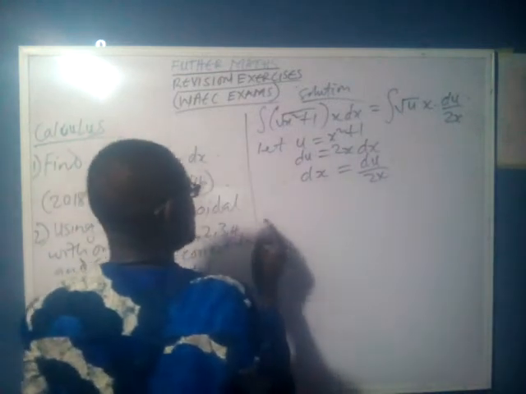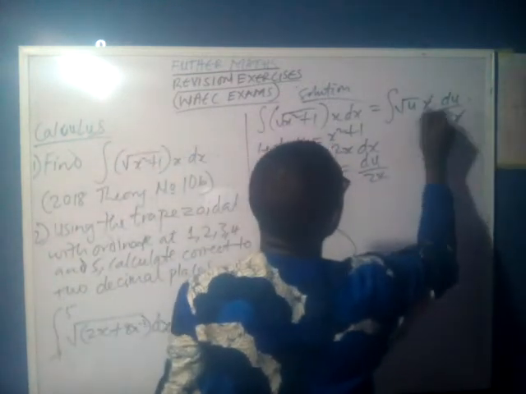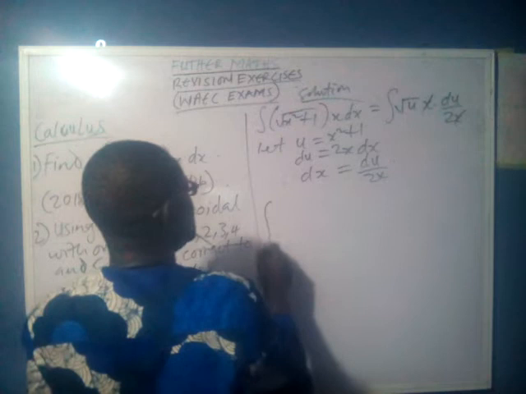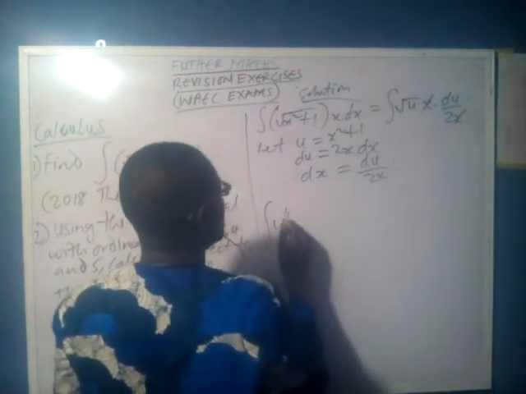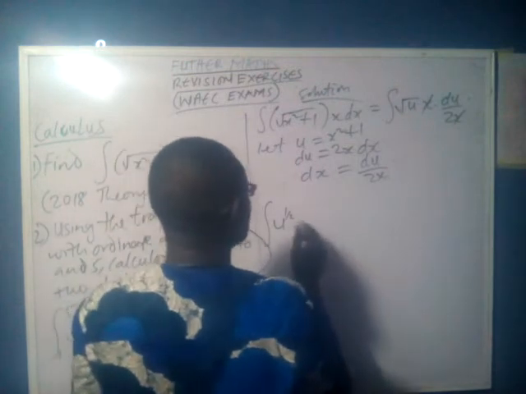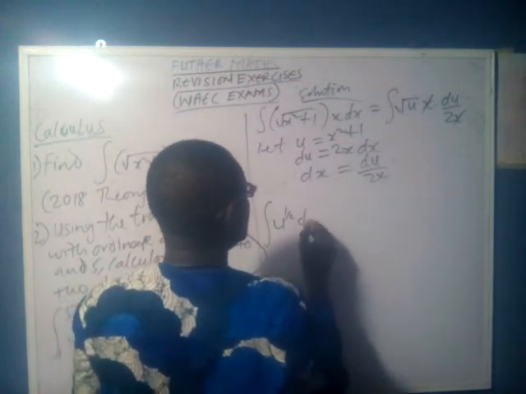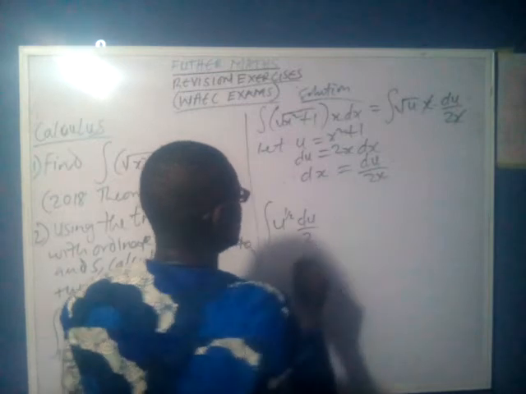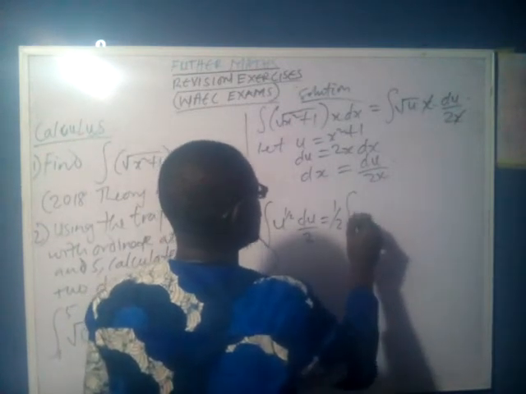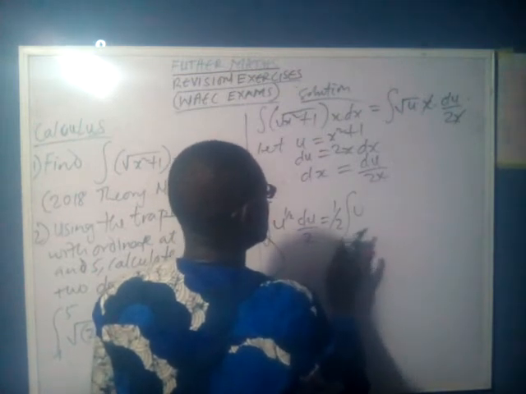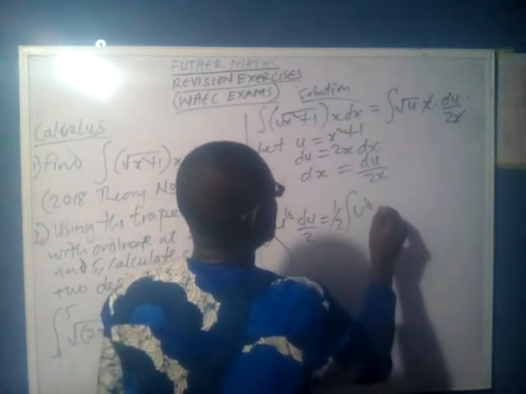That means x cancels x here. So we have the integral of square root of u, which is u raised to power half, du over 2. So this is the same thing as half into the integral of u raised to power half du.